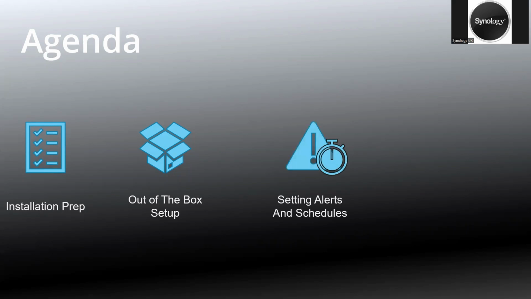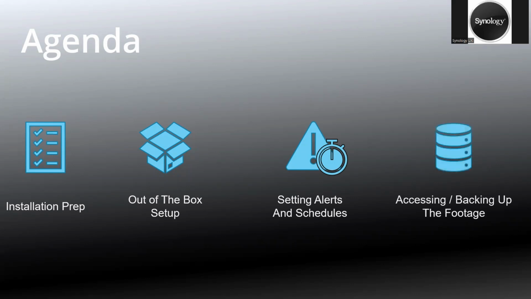We'll also go into how to set alerts and schedules to get at the crucial surveillance information, the actual events we want to see, and also how to reduce the data storage for blank space where there's nothing going on on the camera. And at the end, we'll show you how to access the footage, and we'll talk very briefly about the backup options.